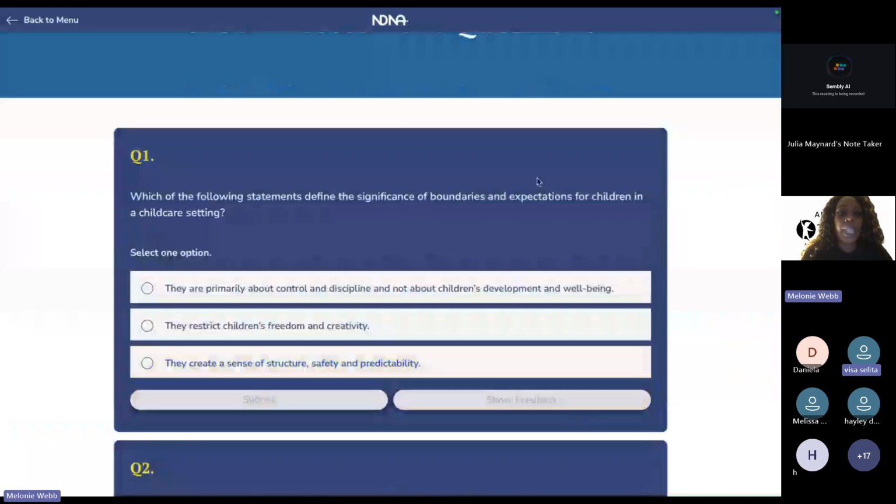Which of the following statements define the significance of boundaries and expectations for children in a childcare setting?